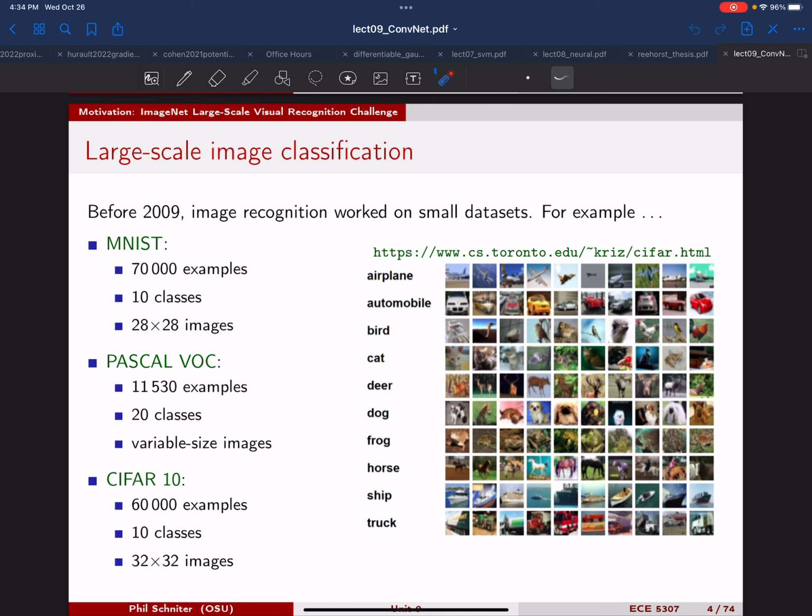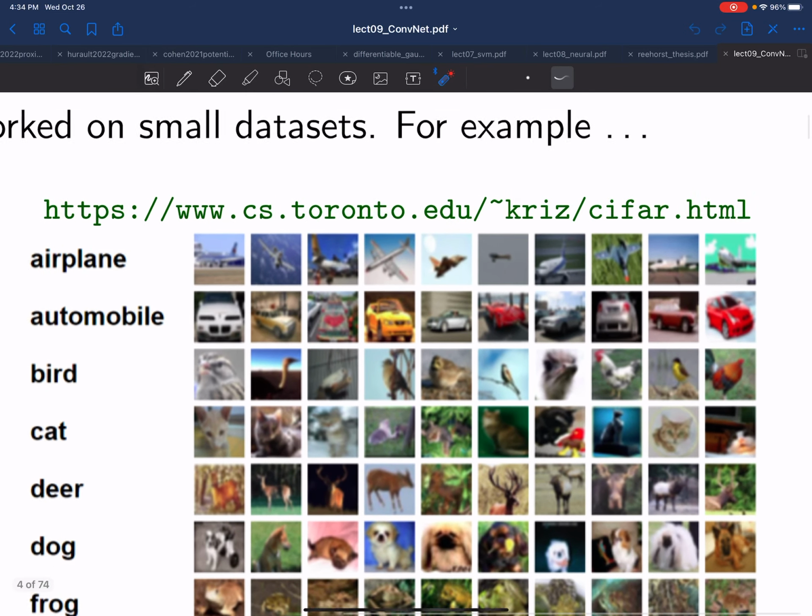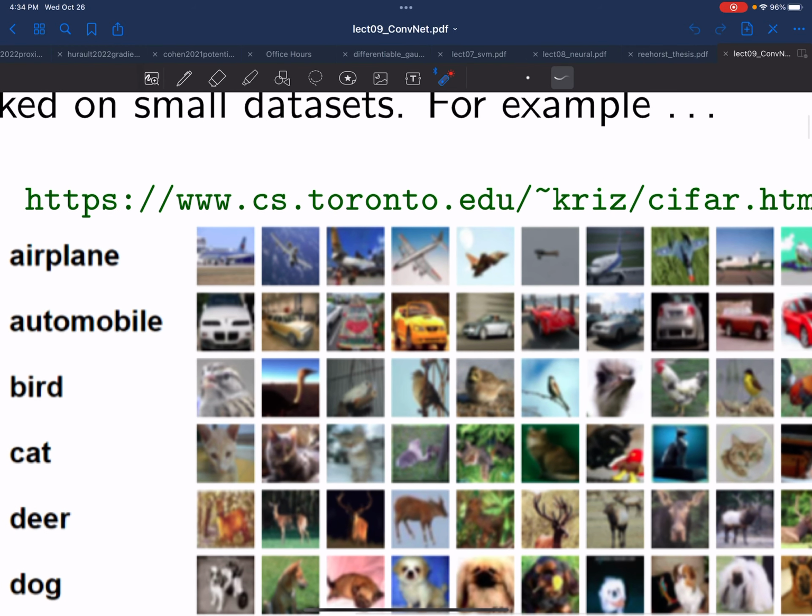So similar size to MNIST, but instead of digits, the classes are these: airplane, automobile, bird, cat, and so on. And here are just some examples. As you can see, the images have just enough resolution, barely, to figure out what is there.